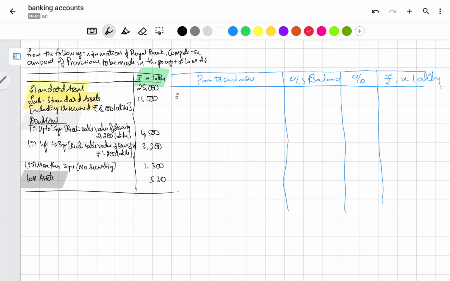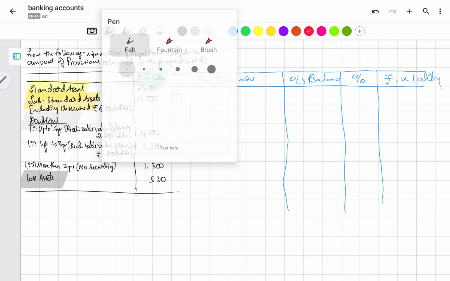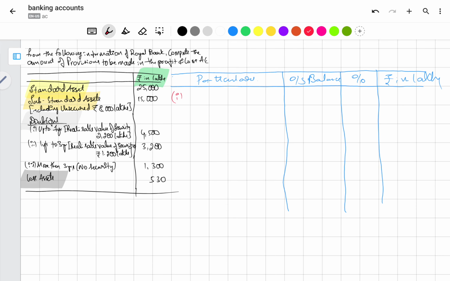What is the first one? We have standard assets. Under standard assets, is there any specific subcategory?